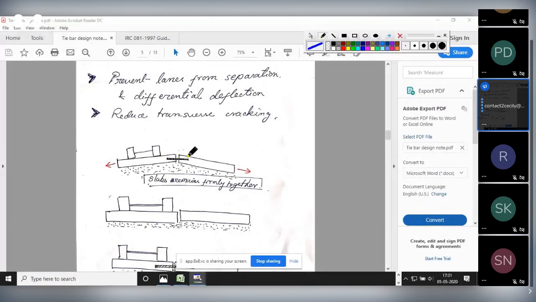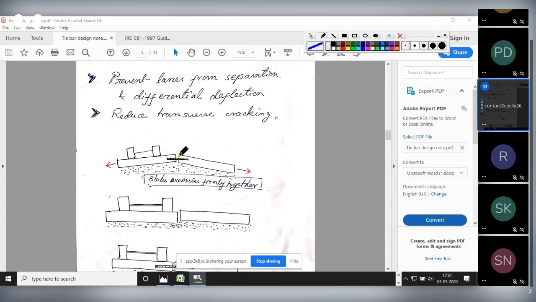Some friction will also be generated here. So for equilibrium condition, we must keep these both equal. That means the frictional force must be equal to the tensile force generated in the steel, that is in the tie bar. That is the main funda.